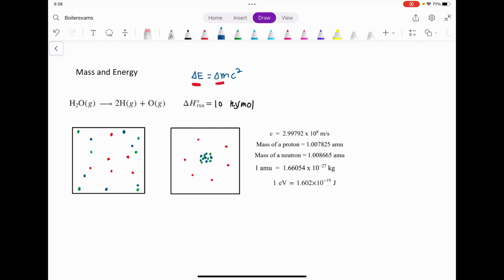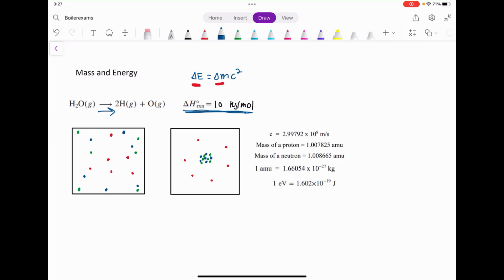So when we've looked at chemical reactions in the past, there are energy changes associated with them, so there is actually a mass change from reactants to products potentially. But the energy changes associated with chemical reactions, through breaking and forming bonds, are really small, so we've always neglected the change in mass associated with them.